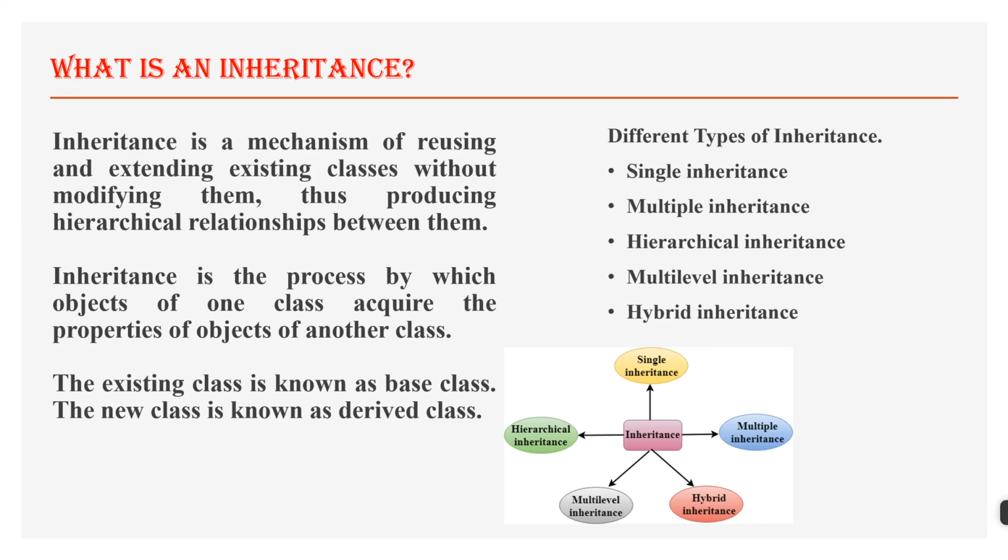So here, the parent class, through which the properties are acquired, is called a base class, and the class which is acquiring the properties from another class is called a derived class. So you have a base class whose properties are getting reused by a derived class.